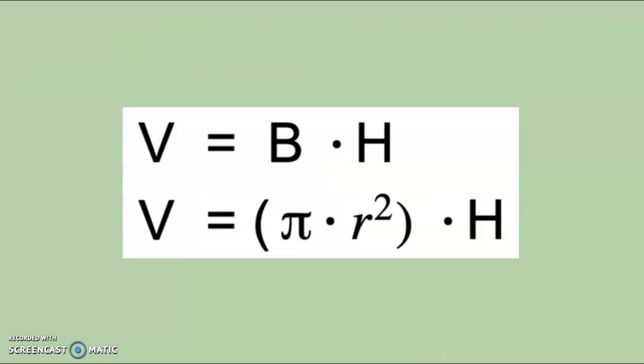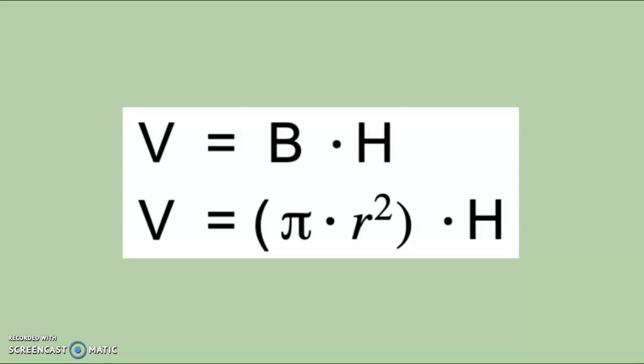Okay, the next piece of information for your notes is the formula for calculating volume of a cylinder. So we're going to go back to a formula that should look familiar to you. Volume equals capital B times capital H, where capital B represents the area of the base. Capital H represents the distance between those two circular bases.